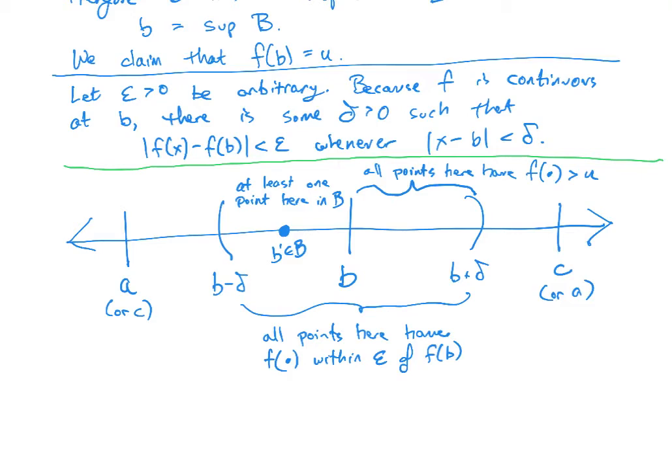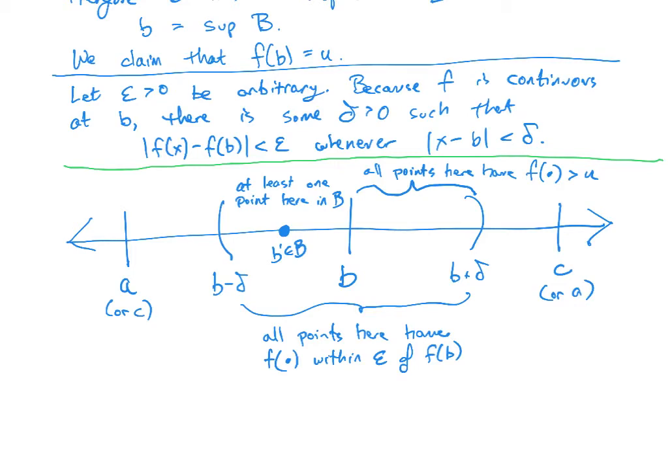Yeah, so it's because little b is the supremum. And what that means is that b minus delta is not the supremum. Okay, so since b minus delta is not the supremum, there is a b prime that's bigger. That's in the set. Okay, so to the left, there's at least one point that lies in capital B. That means its function value is at most u.